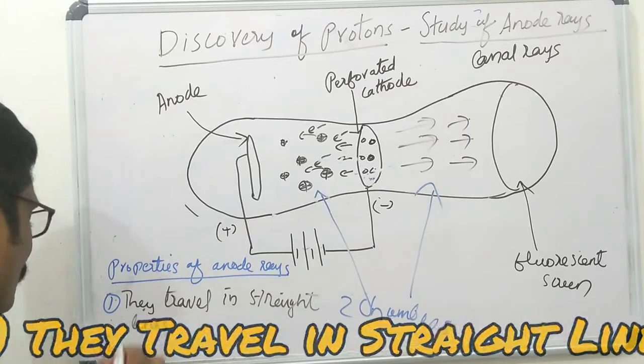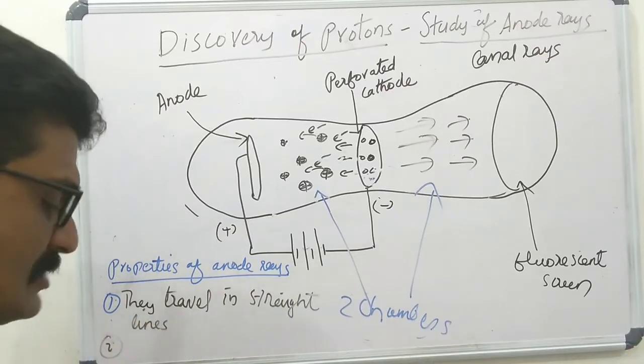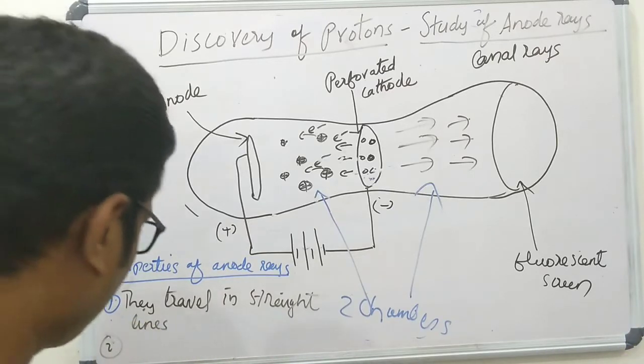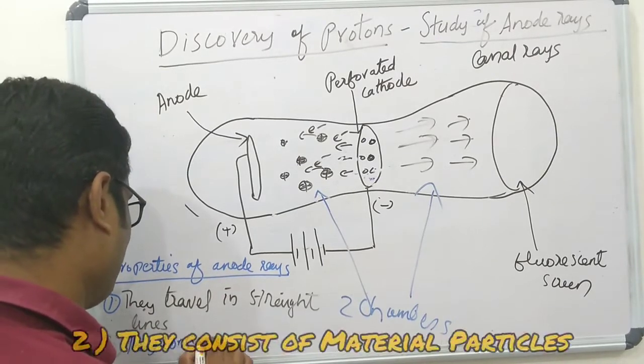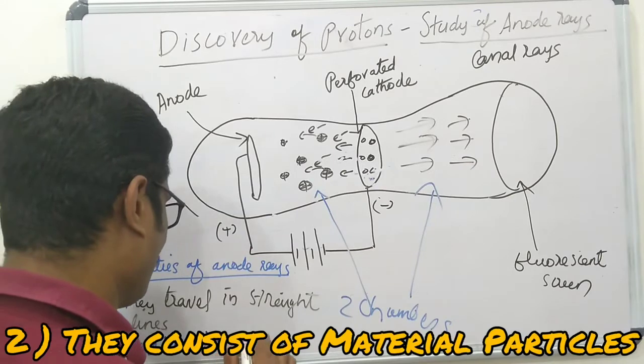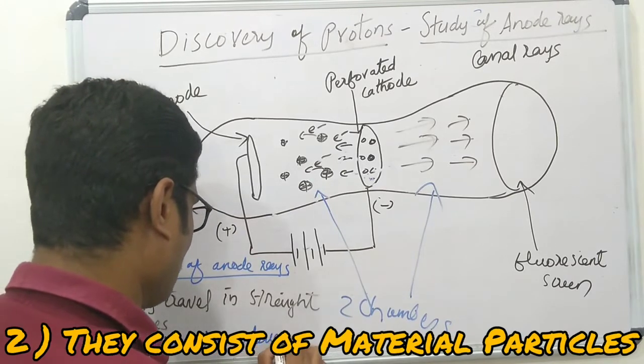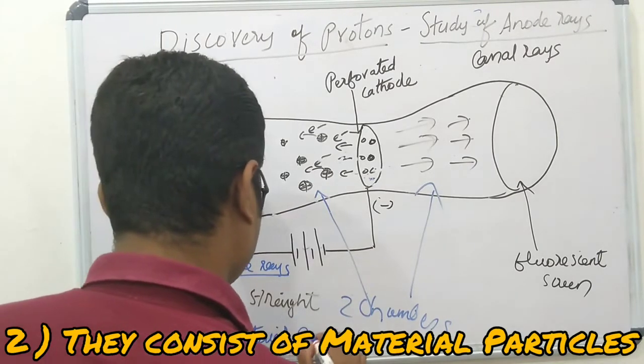Number 2, anode rays also consist of material particles.